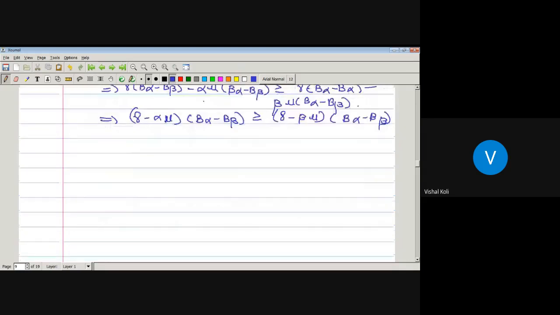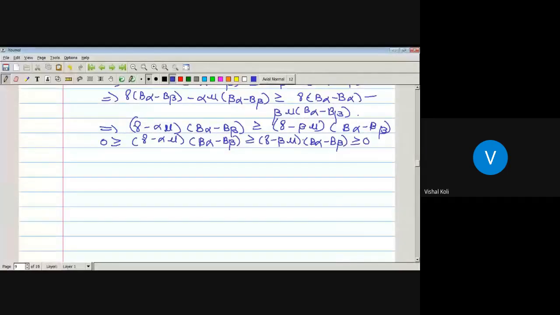So (gamma minus alpha mu)(b alpha minus b beta) is less than or equal to 0, and that is greater than or equal to (gamma minus beta mu)(b alpha minus b beta). Prove these steps.